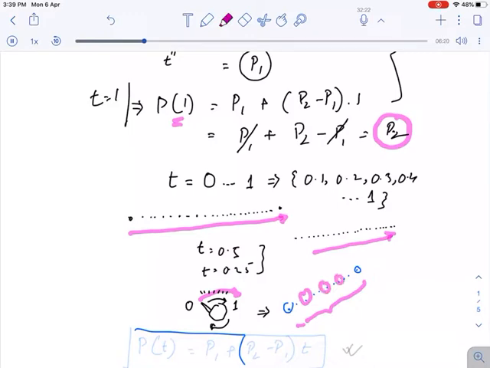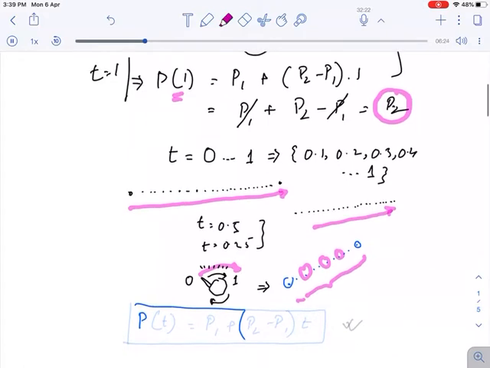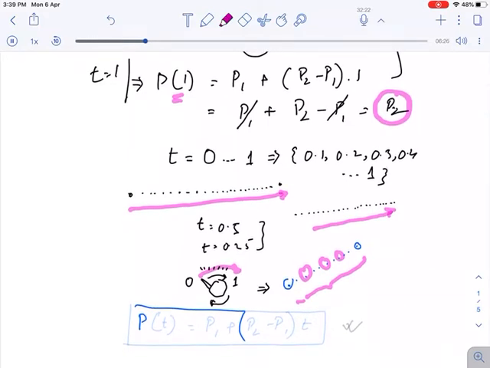So it is very simple to write P(t) is equals to p1 plus (p2 minus p1) into t.